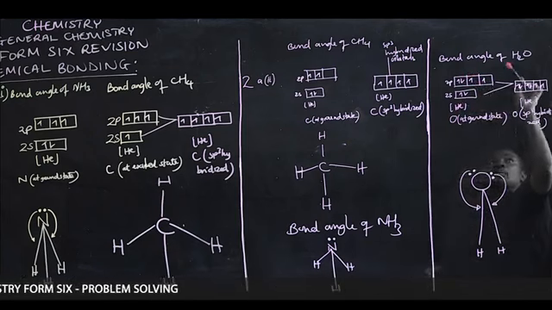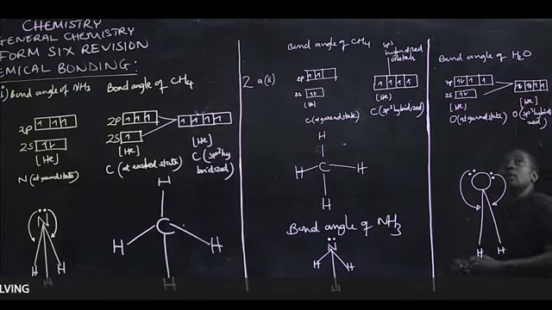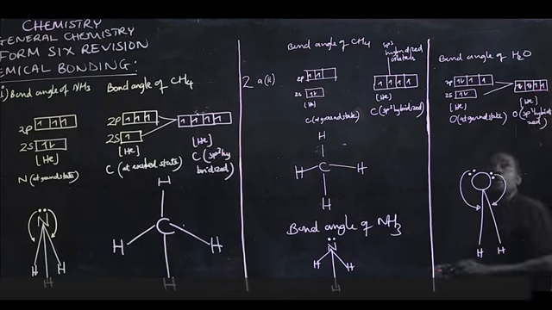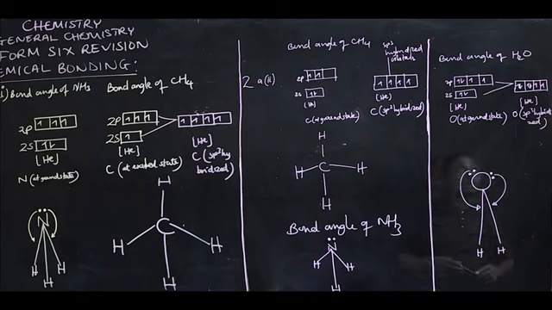Once oxygen combines with 2 atoms of hydrogen, the water molecule formed has 2 lone pairs on oxygen and 2 bond-electron pairs between oxygen and hydrogen.